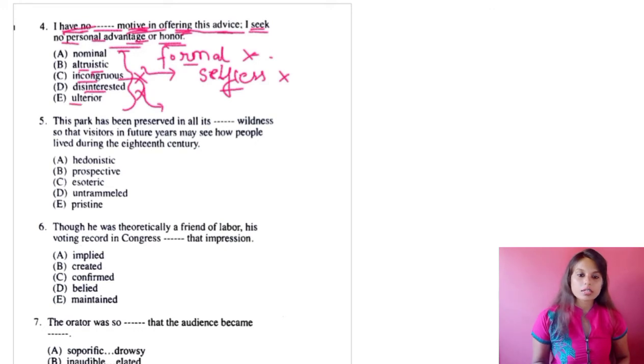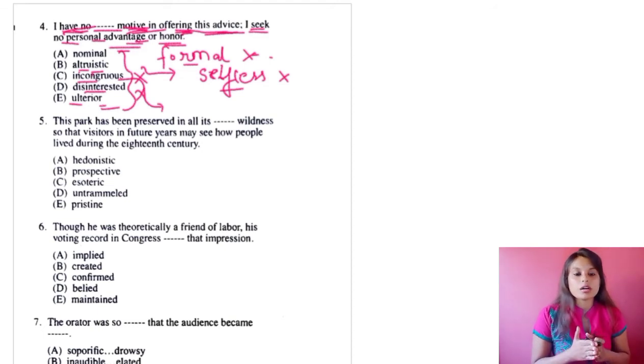What about the last option, ulterior, the only one which is left? If we see that this is better than the first one, then obviously we will choose this. Ulterior means underlying or secondary. So if I put this one over here, I have no underlying motive in offering this advice. So this person is saying that I have no underlying motive.